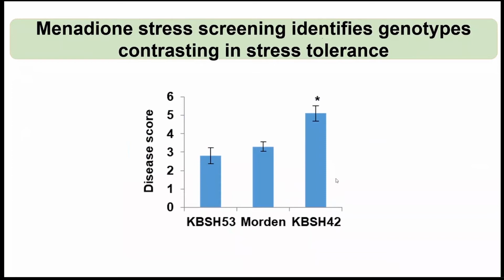It was found that 42, which was susceptible, was also susceptible to the disease, in the form of a higher disease score. KBSH 53 had a relatively lower disease score, and the modern was somewhere in between. This is again an initial hint that the results are falling in line, and that the genotypes screened for oxidative stress tolerance also show a similar trend of tolerance to downy mildew.